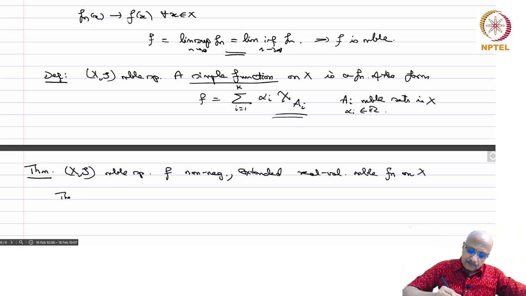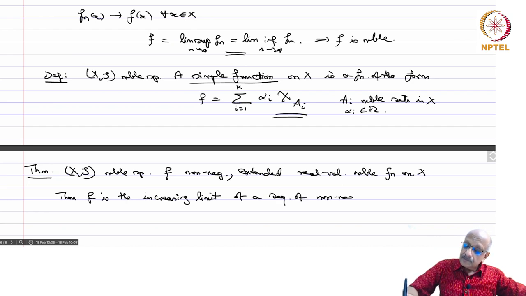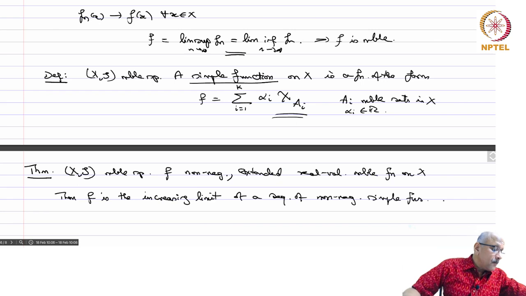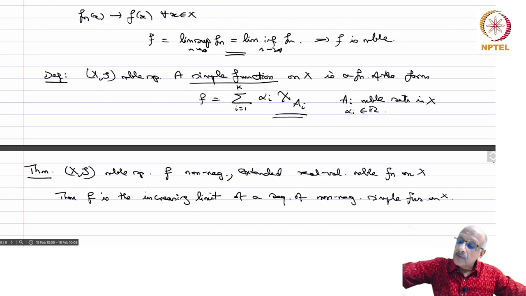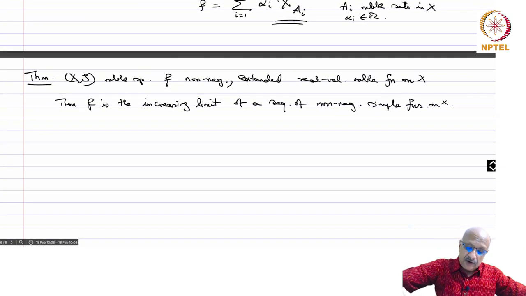Then f is the increasing limit of a sequence of non-negative simple functions on X. So every non-negative extended real valued measurable function can be written as an increasing limit.